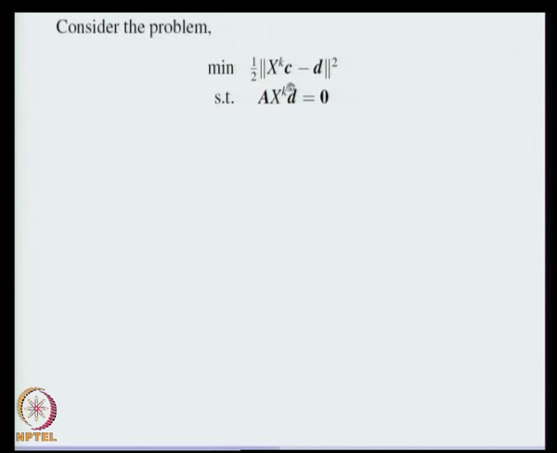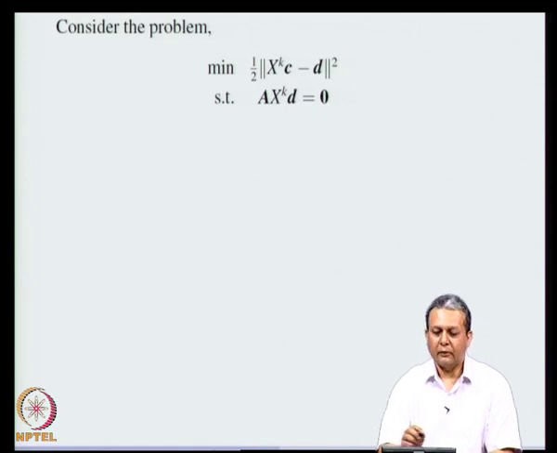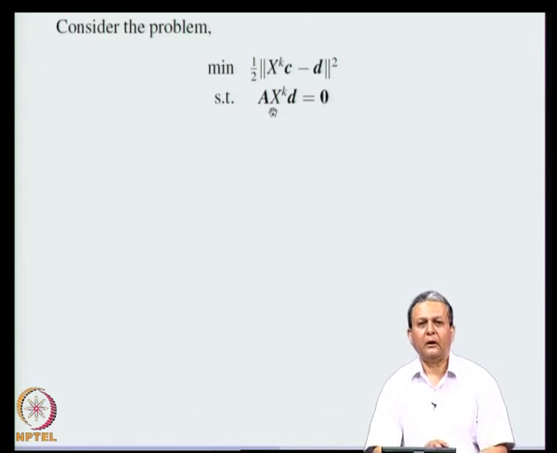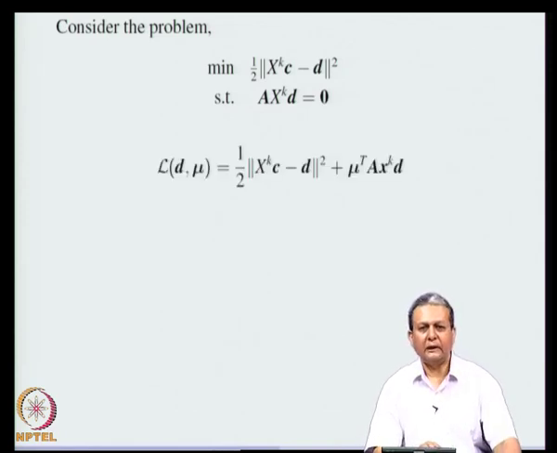Now, if you consider the problem to minimize norm of xkc minus d square to get the projection of xkc on the null space of axk, we write the Lagrangian. So, the Lagrangian variables are the variables of the original problem as well as the Lagrange multipliers associated with the equality constraint. So, the objective function plus mu transpose axk d, that will be the Lagrangian.